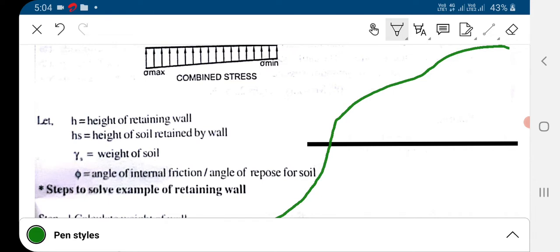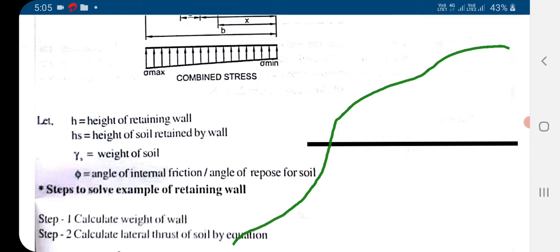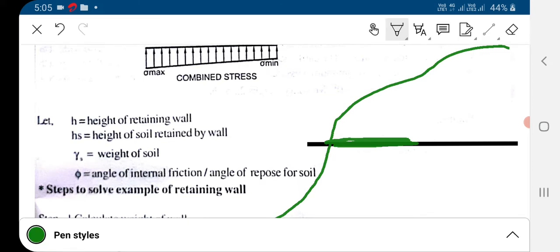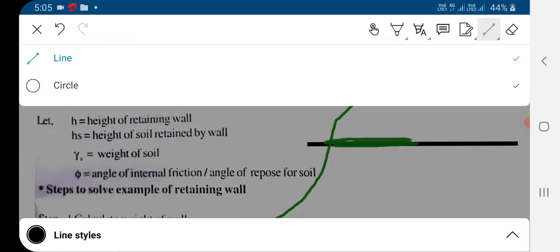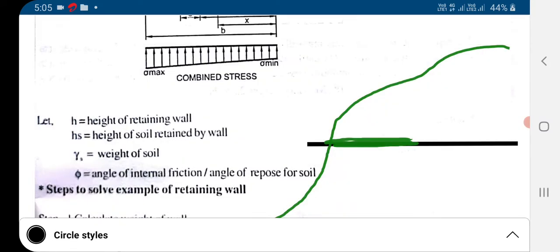Now we have to construct the road over here, over this. We would like to construct the road over there. So what we need to do, we have to construct one retaining wall over here.